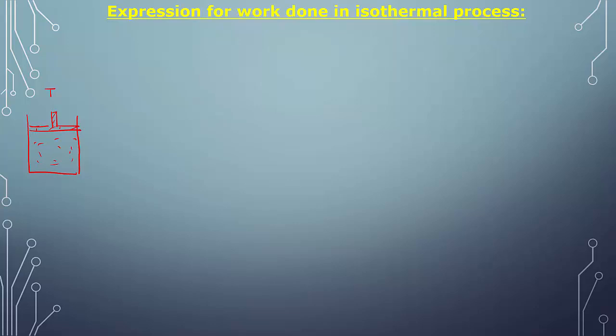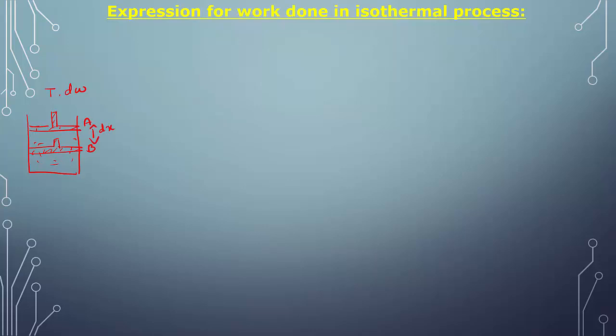That work done is generally denoted by the symbol dW, a small amount of work done. So here we are moving the piston. The displacement takes place here. Initially the piston was here. Now it comes to another position, from point A to point B. This is the distance of movement of the piston.